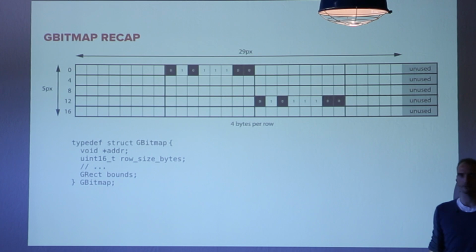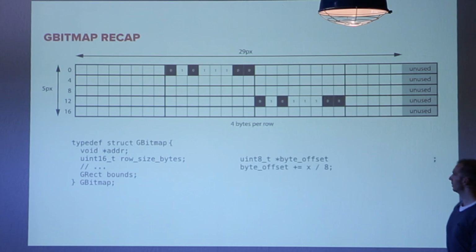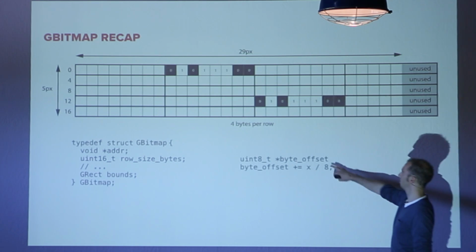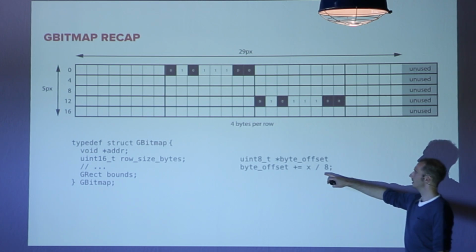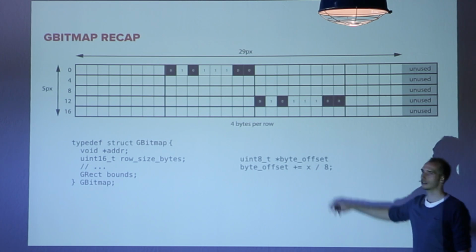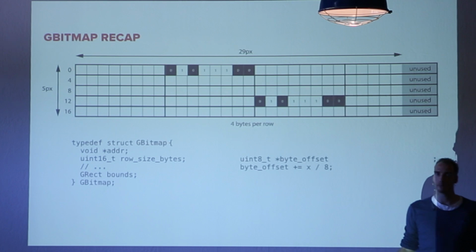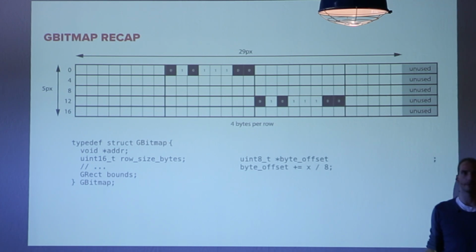Actually, what we need is the offset to the byte in order to change that pixel, right? So what I do is I somehow have the byte offset of the very first pixel, and then I go to the right by the x coordinate divided by 8. Since we are only handling black and white pixels, that means per byte we are storing 8 pixels. And when I am at the 10th pixel, I need to go to the second byte, right?